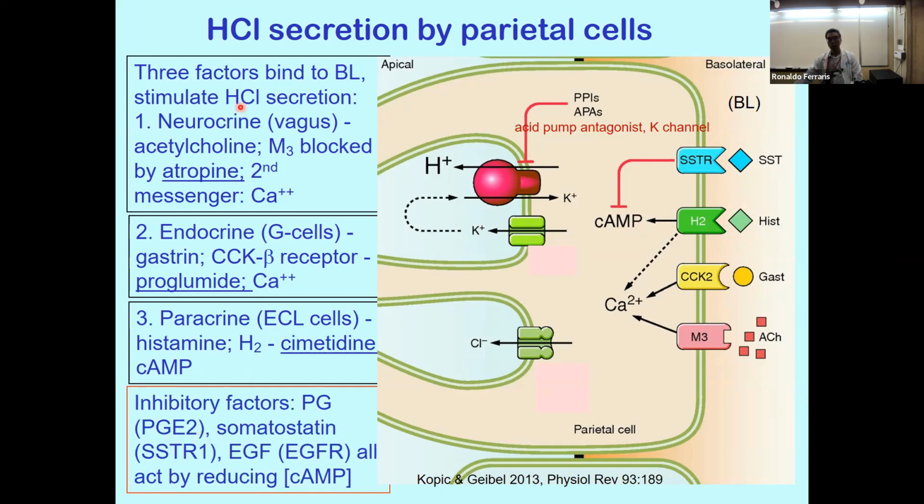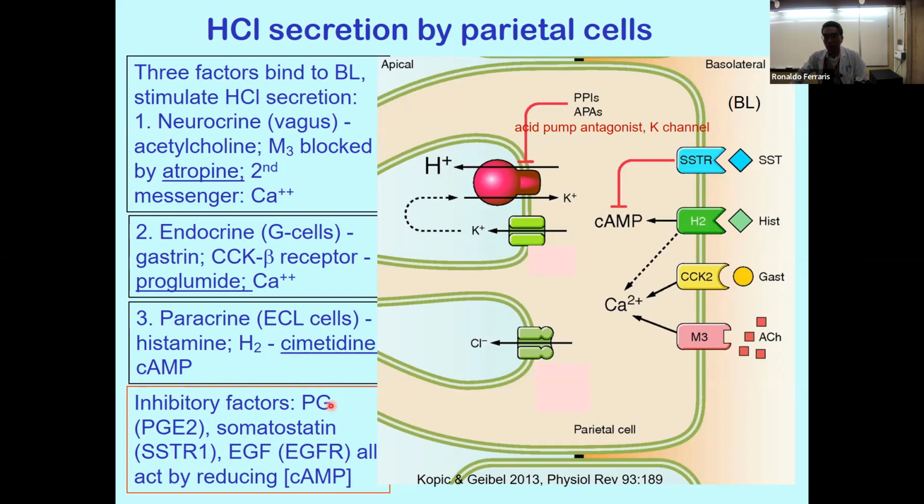Then you also have factors that inhibit hydrochloric acid secretion. Paramount among these factors is somatostatin, which binds to the somatostatin receptor number 1 here. Somatostatin would inhibit the synthesis of cyclic AMP, the second messenger of H2 signaling.